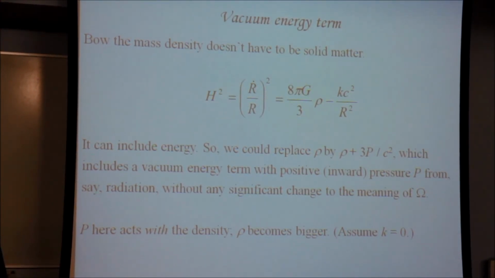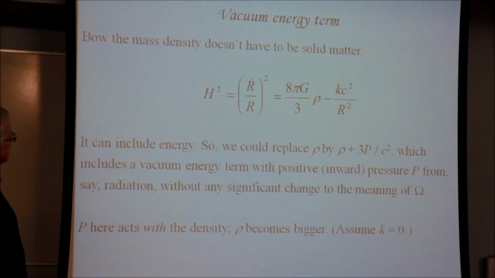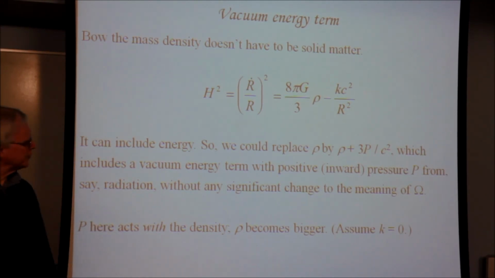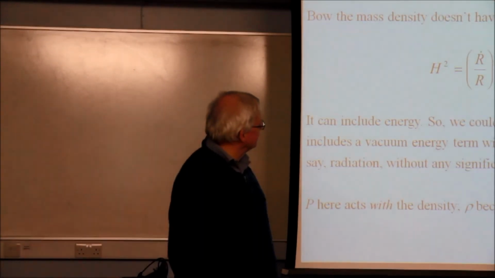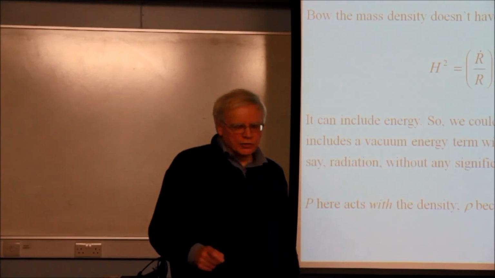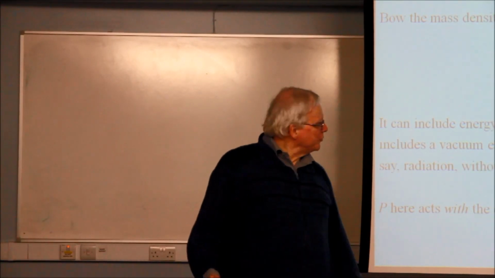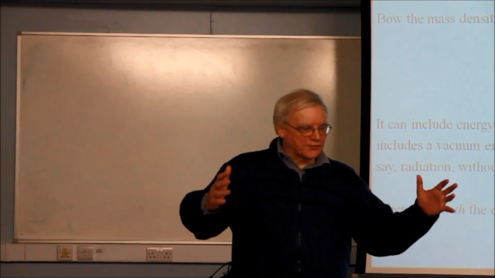The mass density doesn't have to be solid matter, as I've just mentioned. I've still got the curvature term there, but you can ignore it. You've got H squared equals 8 pi G rho over 3. This can include energy. So if we include energy, say, amounting to an amount of pressure, you can define it if you've got, say, photons or something.